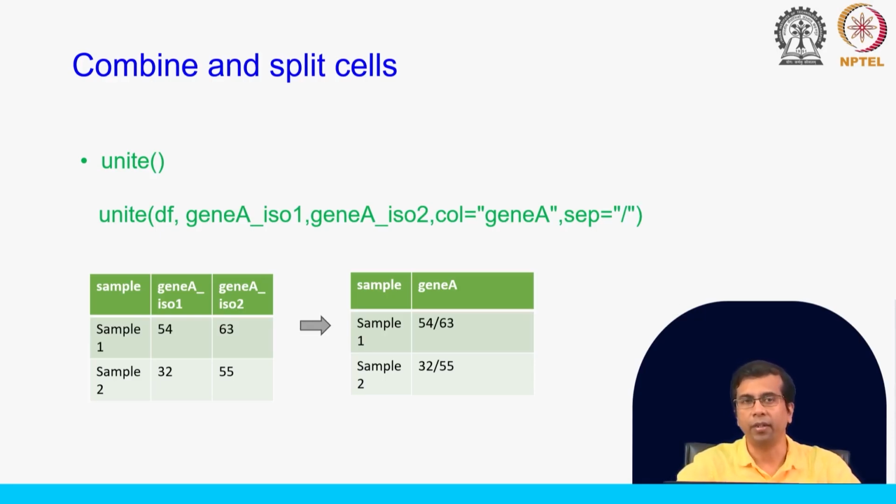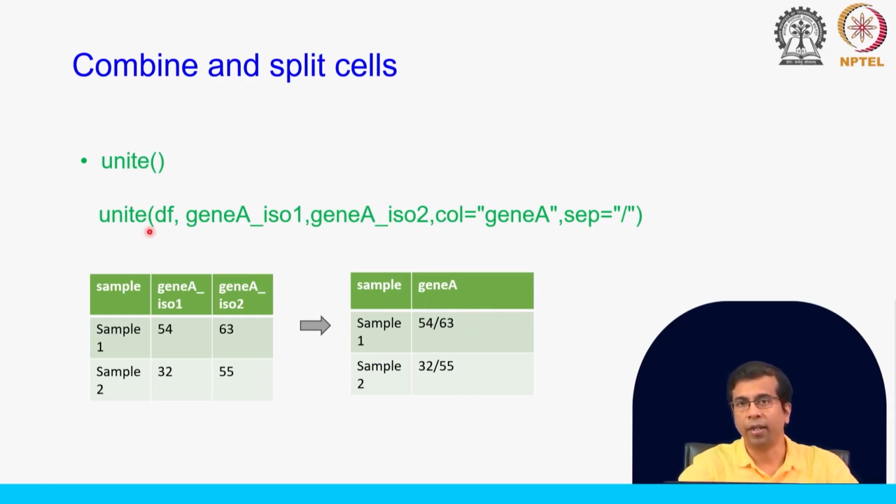You can see here, just as an example, you have a table and let us imagine we are looking at gene expression of gene A and there are two isoforms, iso 1 and iso 2, in two different samples, sample 1, sample 2. Okay. What unite will do is it can merge these two columns into one saying gene A, and it will also put the values separated by this slash.